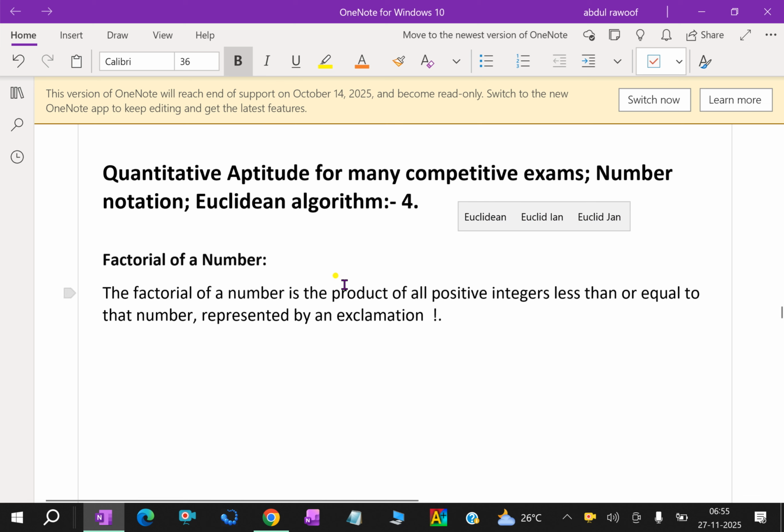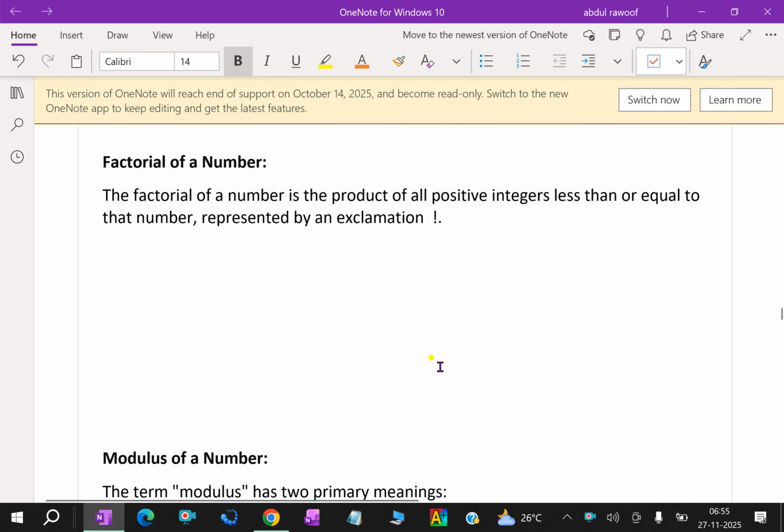First, factorial of a number. The factorial of a number is the product of all positive integers less than or equal to that number, represented by an exclamation sign.